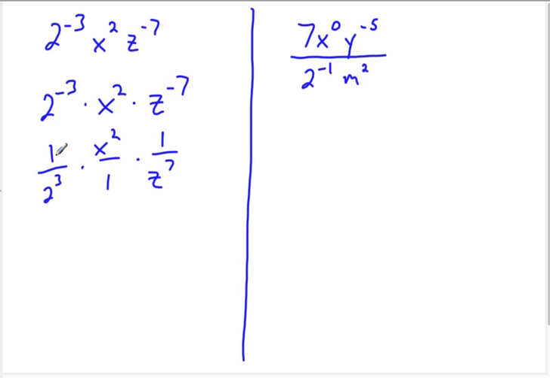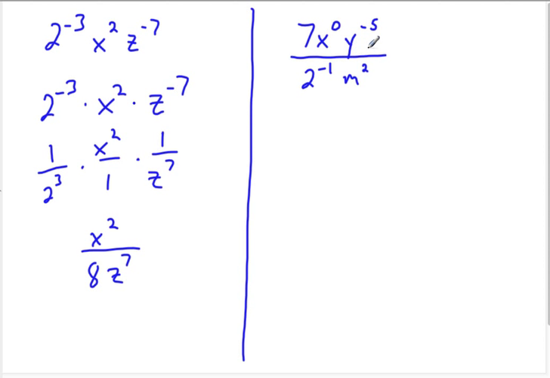Alright, now we have the top is x squared, because everything else is just ones. The bottom, 2 cubed, we can actually simplify that. That's 2 times 2 times 2, which is 8. And then we have this z to the 7th. Okay, so we know we're done because all these exponents are positive, and all the multiplication is done.